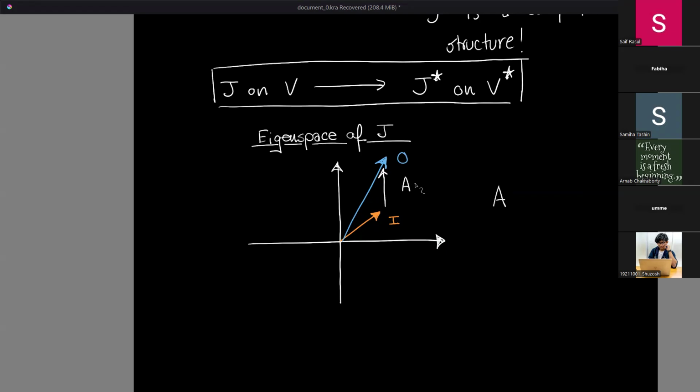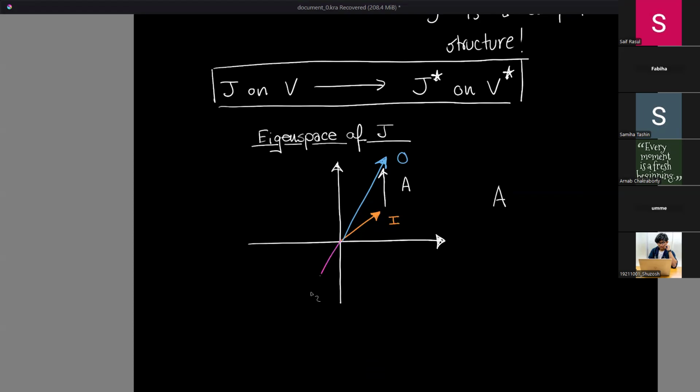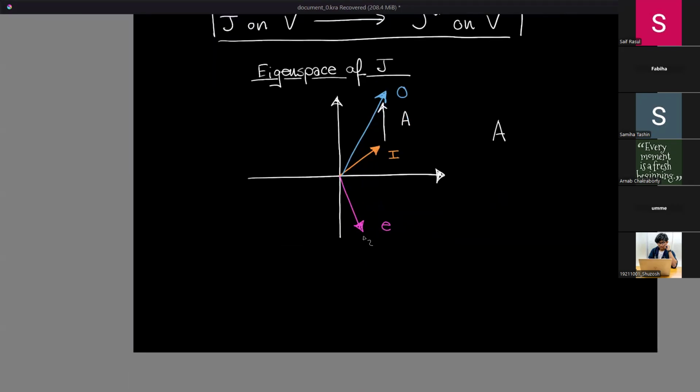So the eigenvectors of A are those vectors. Let's say we have one vector here in this direction. Let's call it E for eigenvector. Eigenvectors are the only vectors in this space where A's only effect is to scale the vector up or down by some factor in the field.